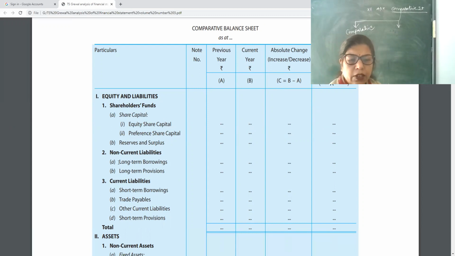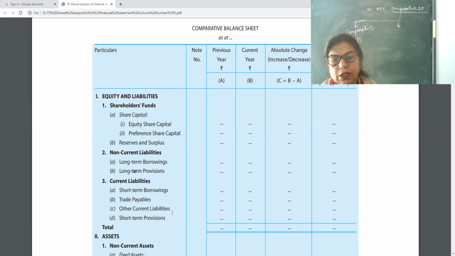Non-current liabilities include long-term borrowings and long-term provisions. Then current liabilities. Current liabilities are of four types: short-term borrowings, trade payables, other current liabilities, and short-term provisions.